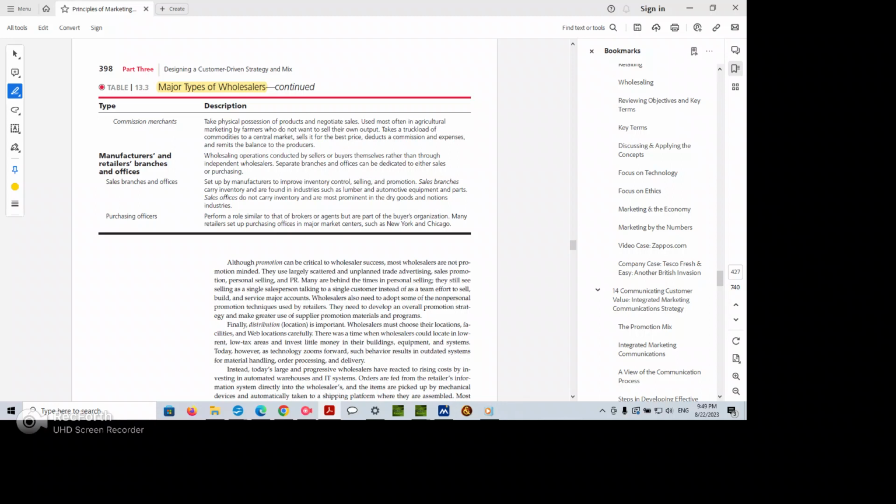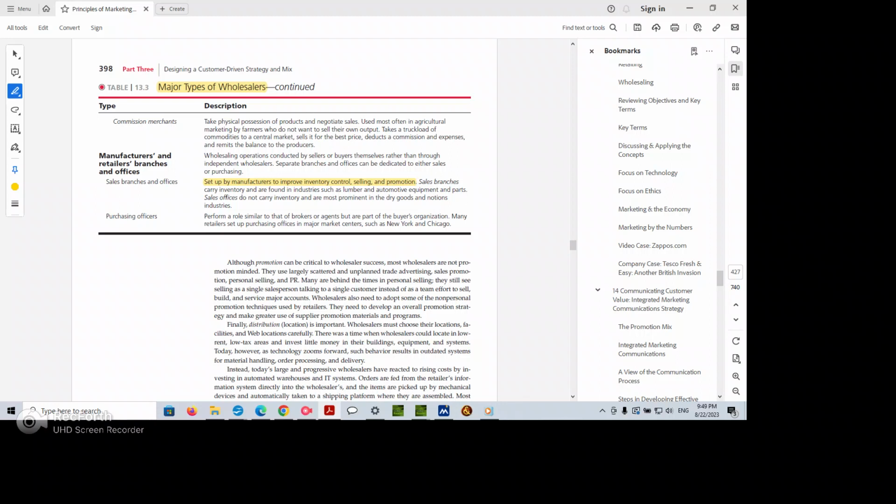Then we have manufacturers' sales offices and branches. Pretty straightforward. Some manufacturers set these up to improve inventory control, selling, and promotion. Sales branches carry inventory and are found in industries such as lumber and automotive equipment and parts. Sales offices do not carry inventory and are most prominent in the dry goods and notions industries.